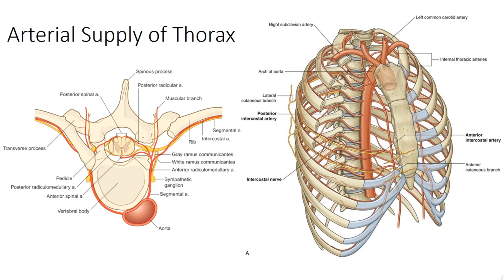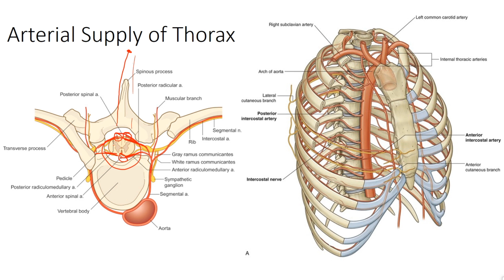It gives off a very small branch, and these are your radicular branches that give supply for your posterior and your anterior spinal arteries. It's the collaterals that come in from the side, so that if you have an occlusion of your anterior spinal way up in the brainstem, it's not going to occlude the entire spinal cord all the way down.